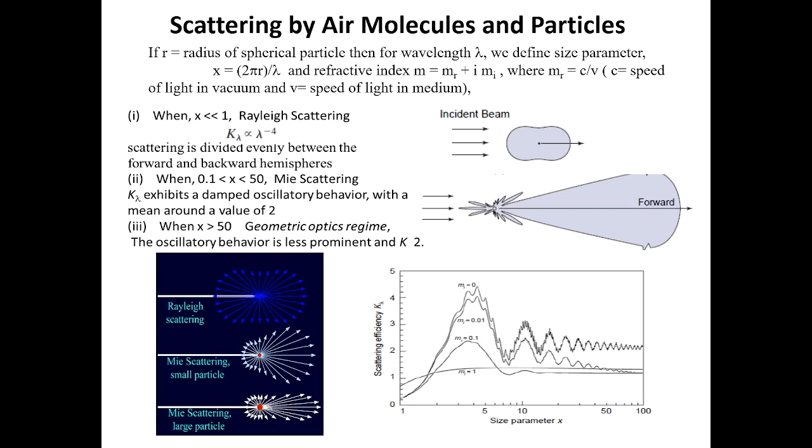And of course when the particle size becomes very large, then the normal geometric optics takes place, the ray optics which we study, particularly when these particle sizes are in the range of the optical regime.